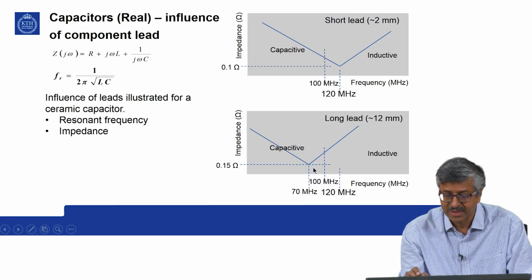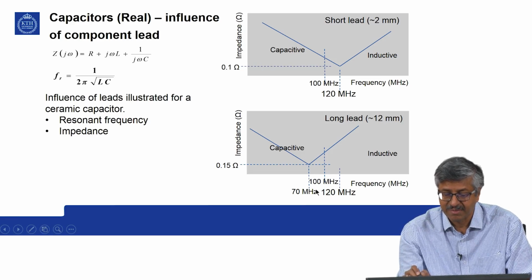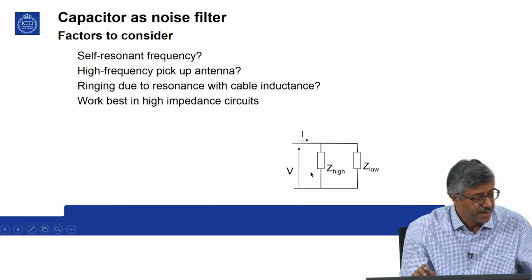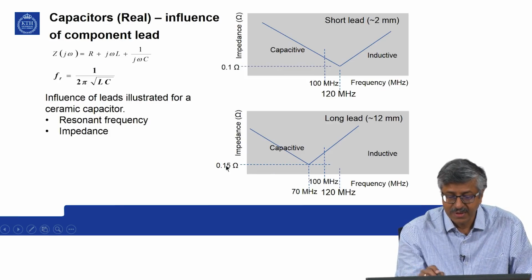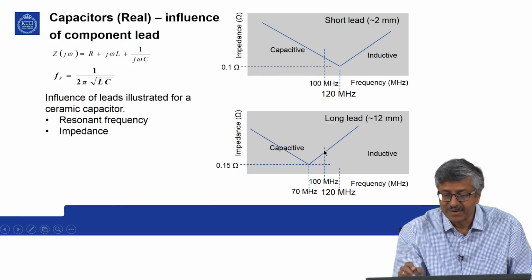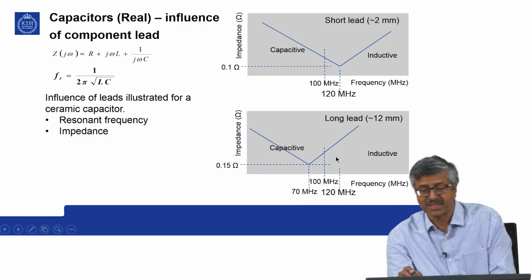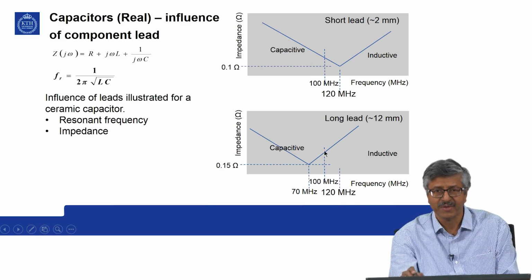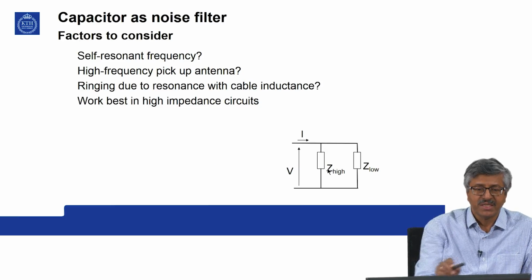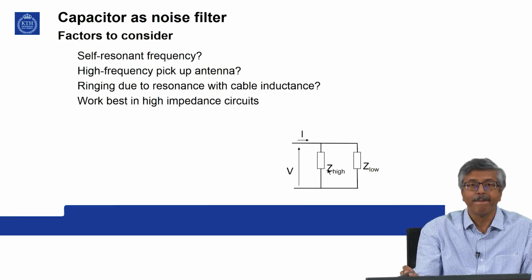So, it is at 70 megahertz and resistance is 0.15. So, if you try to operate it at 100 megahertz, it will not succeed because it is not behaving as a capacitor, more like an inductor it is behaving. So, the circuit will not work properly. One is the self resonance frequency of the capacitor. The operation should be below that frequency.